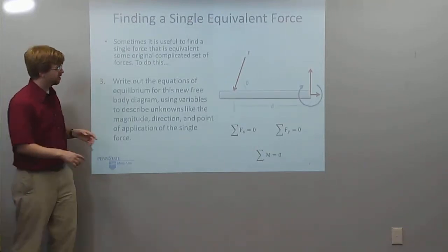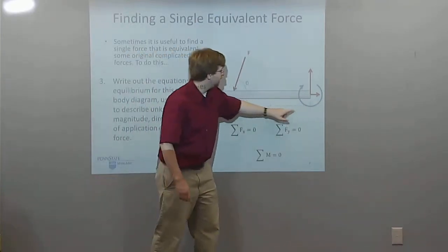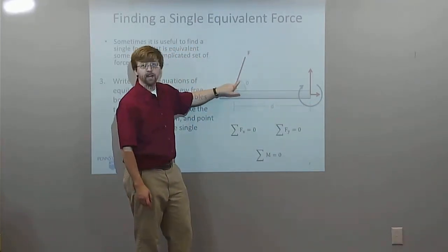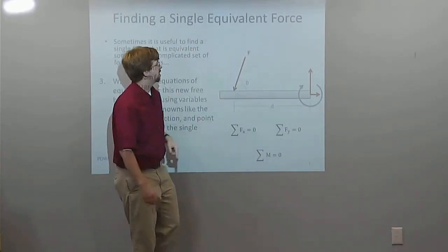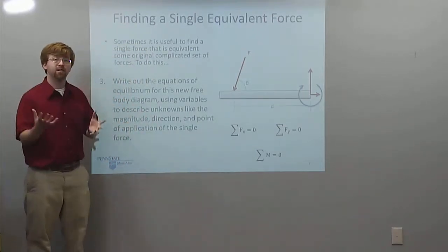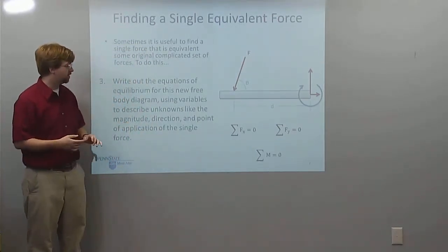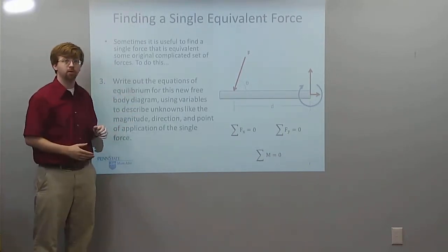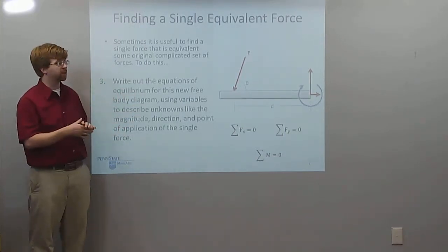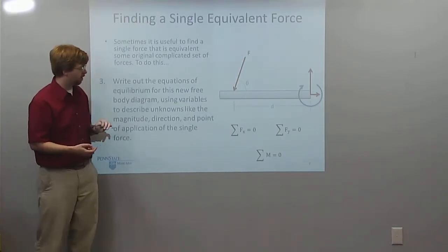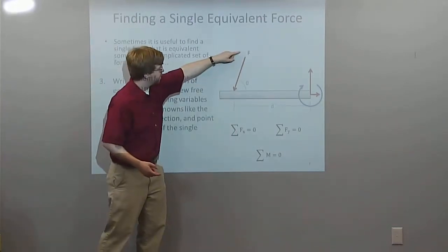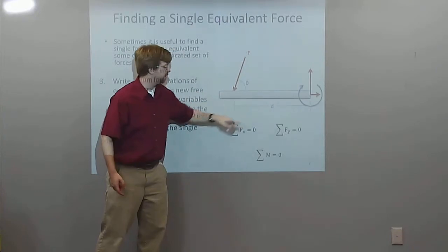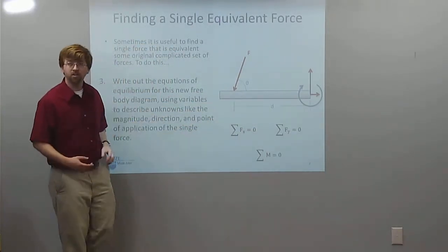And so my position is going to be some distance d along the beam. I've got some angle theta to determine the direction. Some force F is the magnitude of that vector. And so I've got those three unknowns. Remember, I know the reaction forces. I know what they have to be for this to be equivalent. So three unknowns: magnitude, direction, point of application. Three equations.